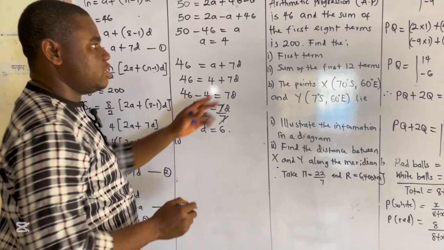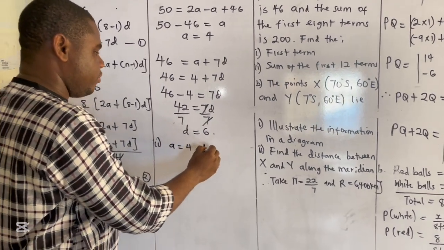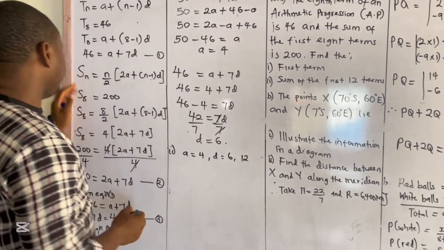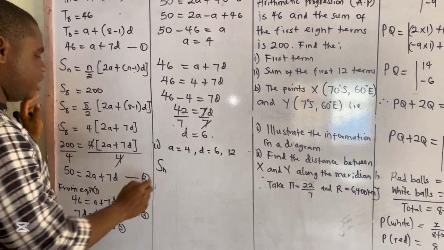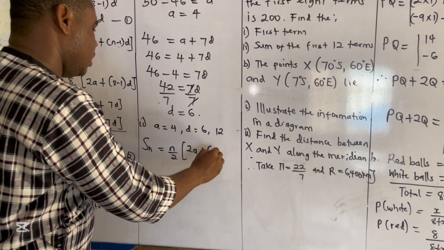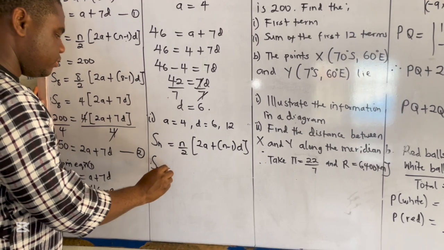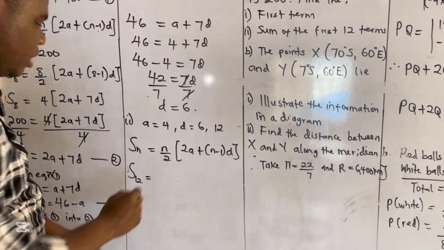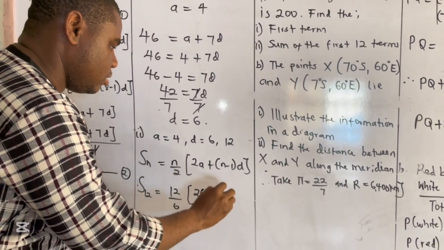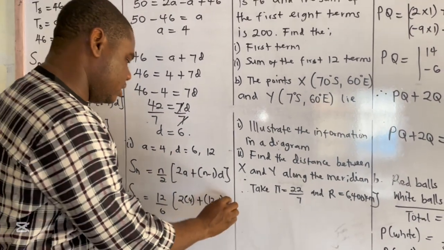So we have to find the sum of the first 12 terms. In this case, we have gotten a to be 4, the common difference to be 6, and the number of terms to be 12 according to the second part. So now we are going to use this to find the sum of the terms: n over 2 in bracket 2a plus n minus 1 times the common difference. Now we have 12 over 2. A in this case is 4, n is 12, 12 minus 1, and d in this case is 6.